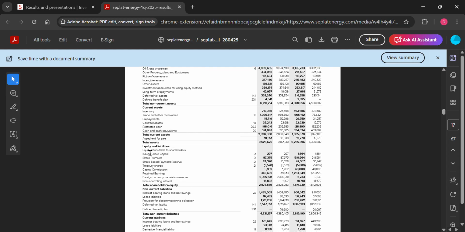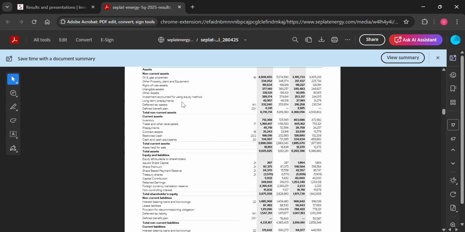Then we talk about the equity. Equity is the residual interest that you get when you deduct liability from the assets. There is this almighty accounting formula that says asset is equal to liability plus equity. So the moment you remove your liability from your assets, you get your equity.